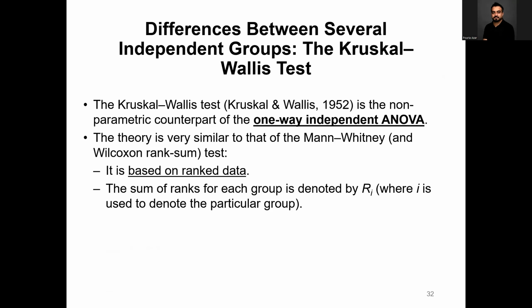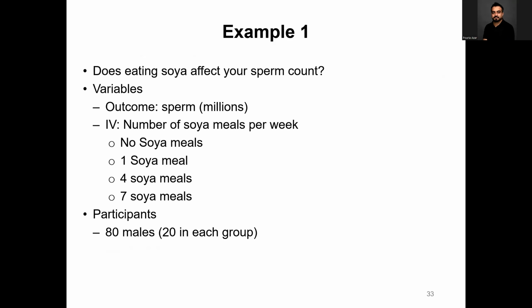So here is an example. Does eating soy affect your sperm count? So this is my research question. My outcome of interest is sperm count, which is a numeric and continuous variable. My independent variable, my grouping variable, has more than two groups.